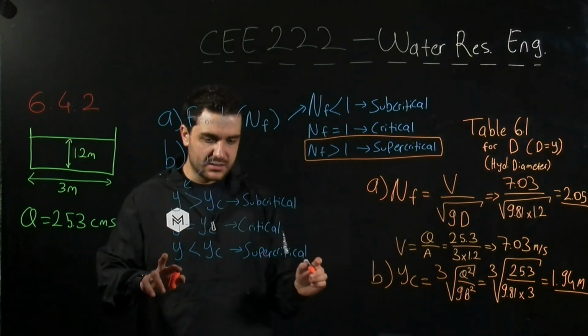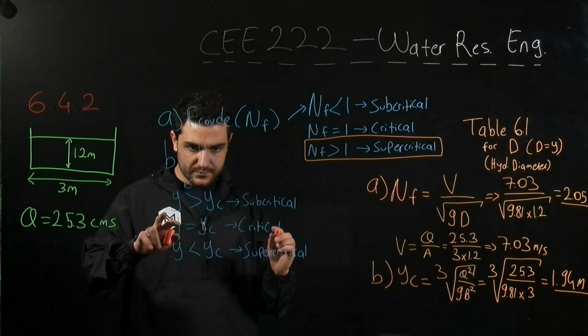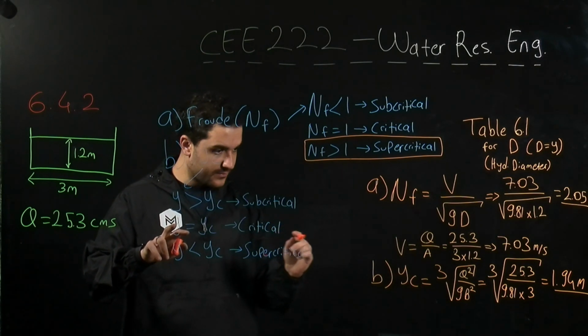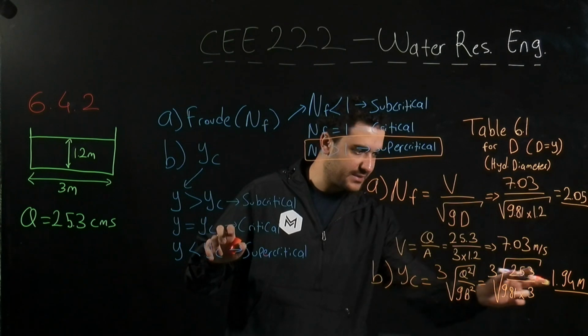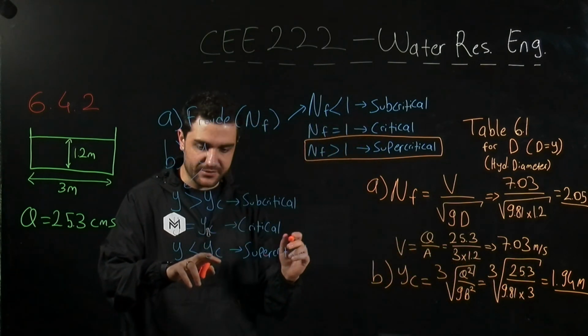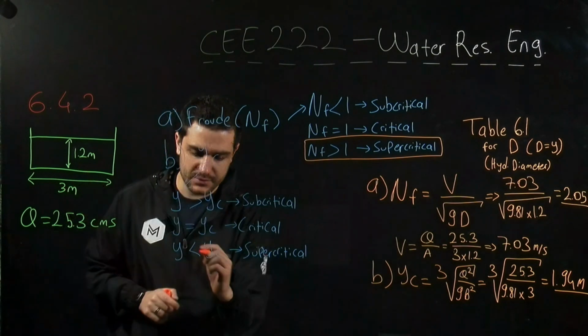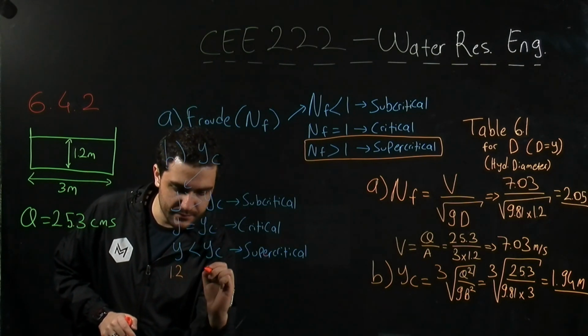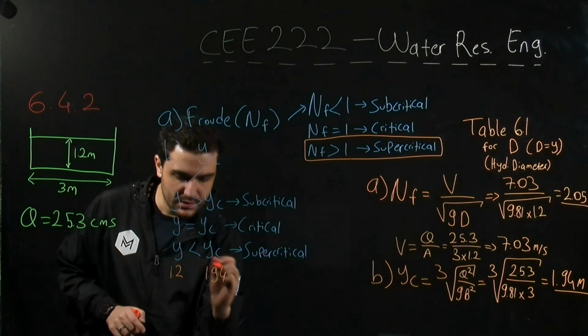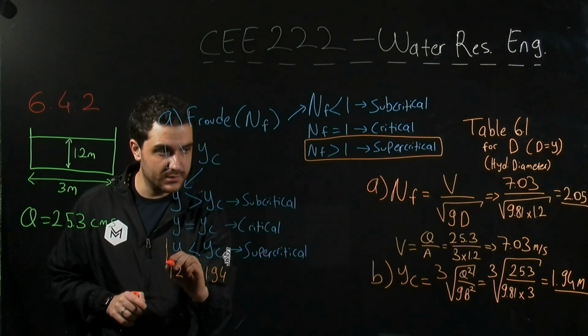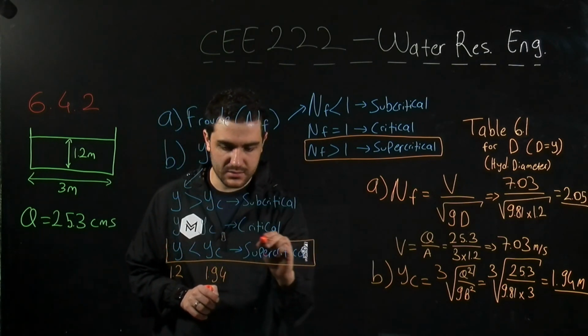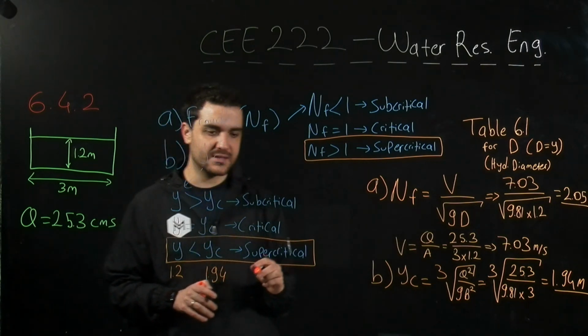And now we are going to check that. So we have critical depth as 1.94, but we have normal depth as 1.2. So again, we can confirm that the flow classification is supercritical.